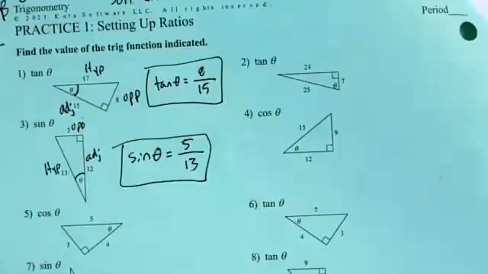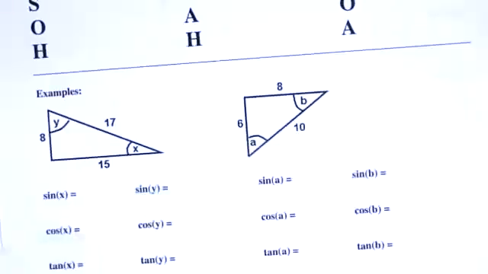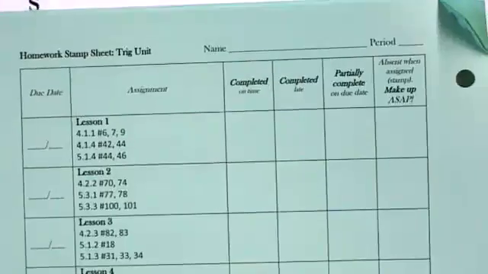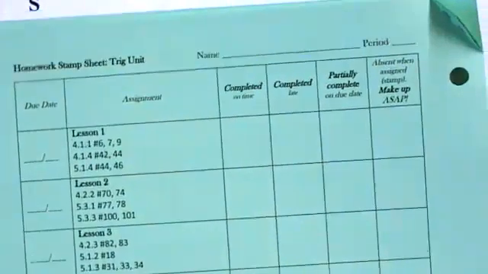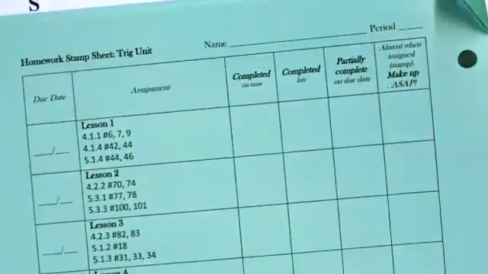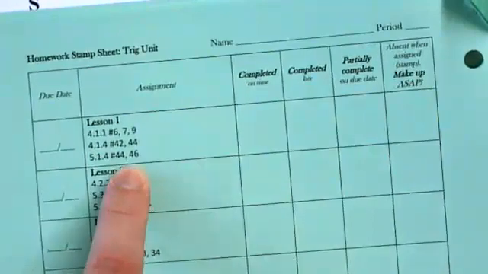And then when you finish this, your homework is on your stamp sheet. Go ahead and flip to your stamp sheet on the back of your packet. Look at this, I am making it so easy for you guys. You don't even have to write down your homework assignment anymore. Our first one is going to be this lesson 1, the 7 problems.